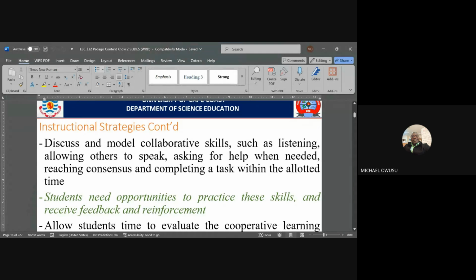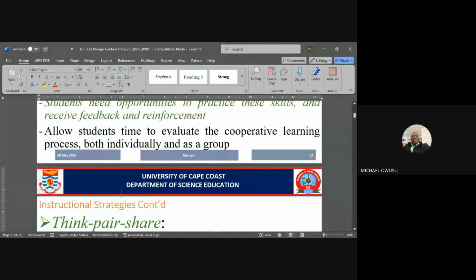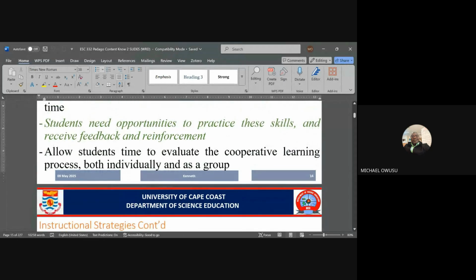Don't forget that students need opportunity to practice these skills and receive feedback and reinforcement. Allow students time to evaluate the cooperative learning process, both individually and as a group.